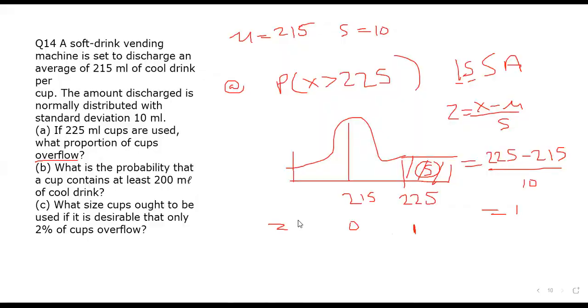This simply means that the reading from here to here is 0.84134. However, the small reading that is remaining, we simply subtract 1 minus 0.84134. This is simply the difference in our area under the graph.